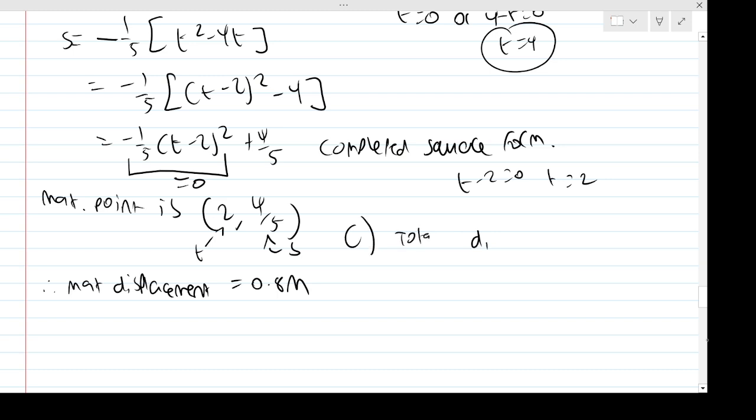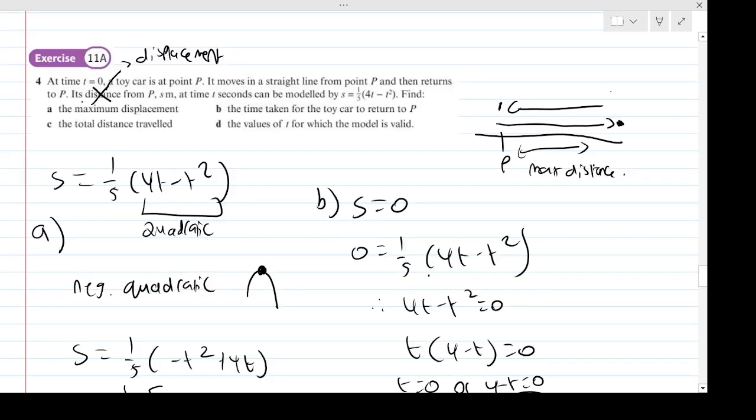So how far it's gone forward and how far it goes back to P, it's going to be double the maximum. So how far has it gone forward? So it's got two lots of 0.8, which is 1.6 meters. Okay, and there we are. It's quite tricky to visualise why that is, but that's the total distance.